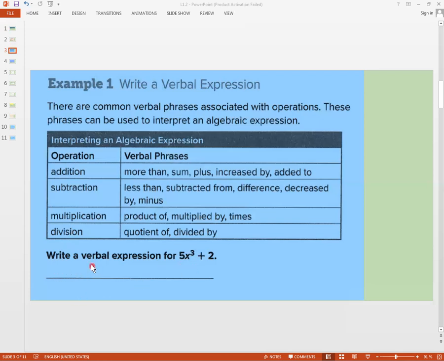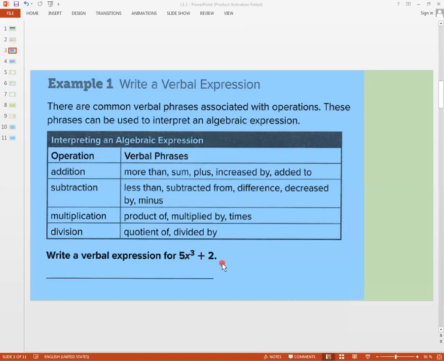For example, here we have: write a verbal expression for 5x cubed plus 2. I want to express it not as algebra, not math, just verbal. Here we can say the product of 5 and x cubed, added to 2.